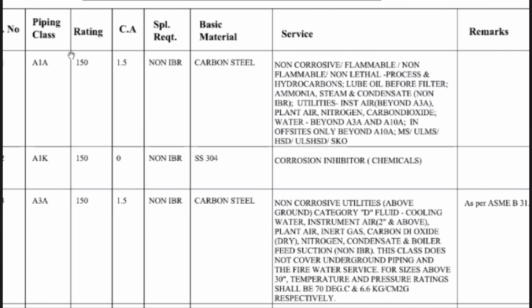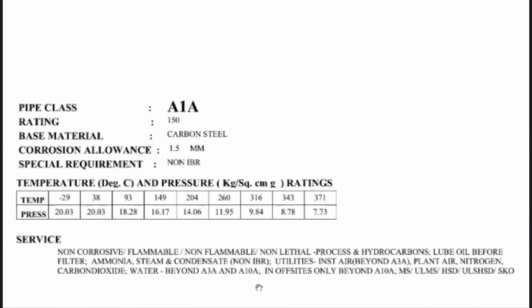So we will at least see one pipe class, how it is. I will not say how it is prepared, but what are the contents of the pipe class. Okay. So it's a piping class A1A. This can be any designation depending on the client and the projects.